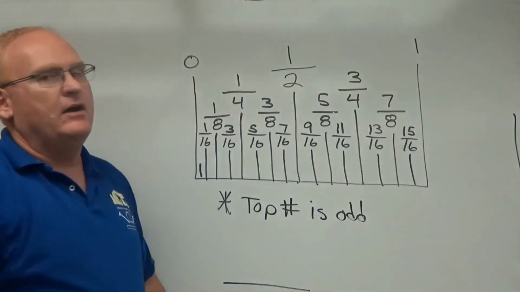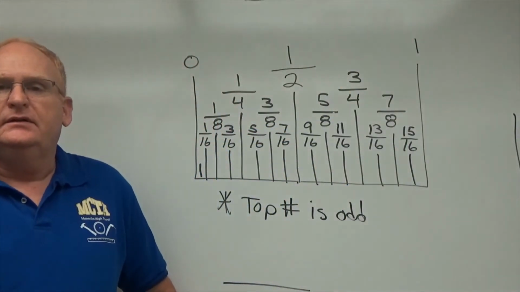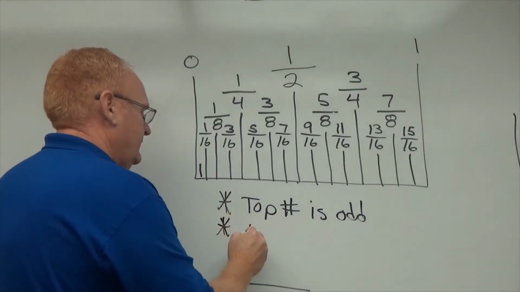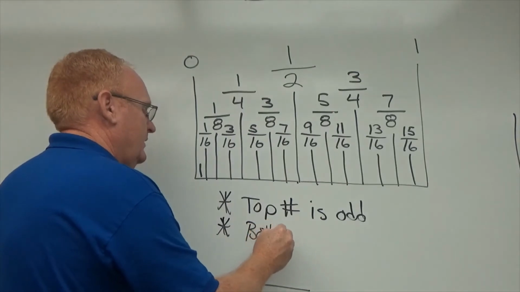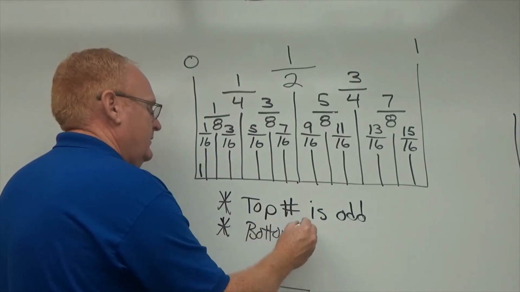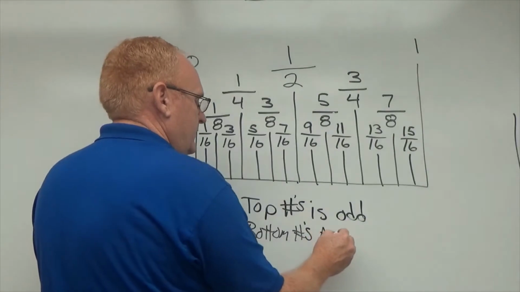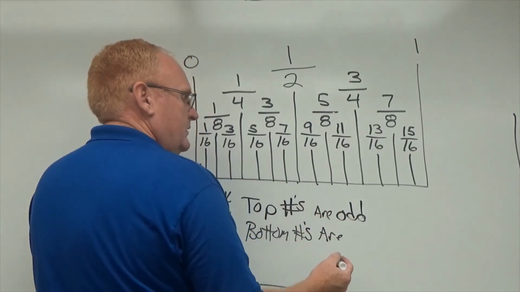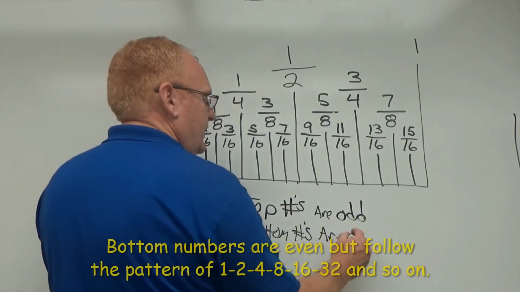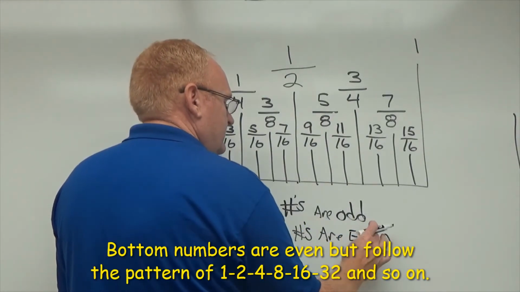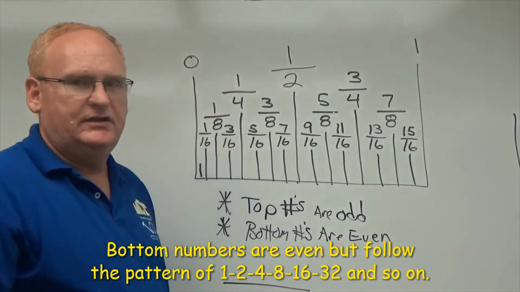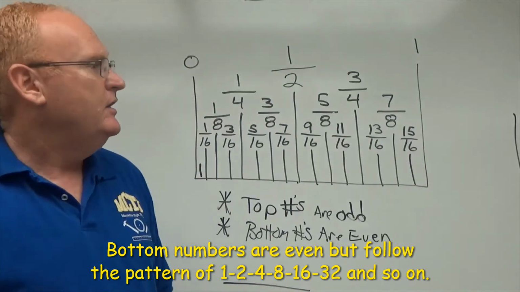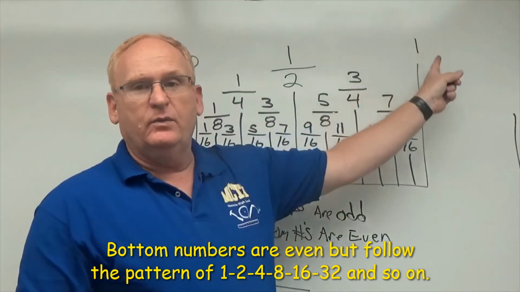What do you notice about all the bottom numbers? Bottom numbers are even. But are they just even? No, they follow a pattern. Remember up here we had that fraction of 1 over 1?